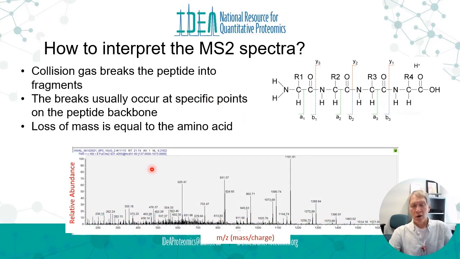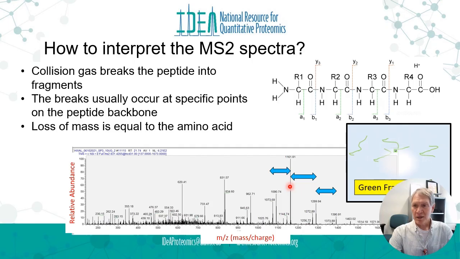So here's what my MS2 signal would look like. We still have M over Z, or mass over charge, on this axis, and we have the relative abundance over here. But now each one of these signals does not represent a peptide. There was a single peptide that was fragmented, and these are the fragment pieces of that peptide. How we figure out what peptide we're dealing with is we subtract the difference between these signals to come up with the mass of very specific amino acids.